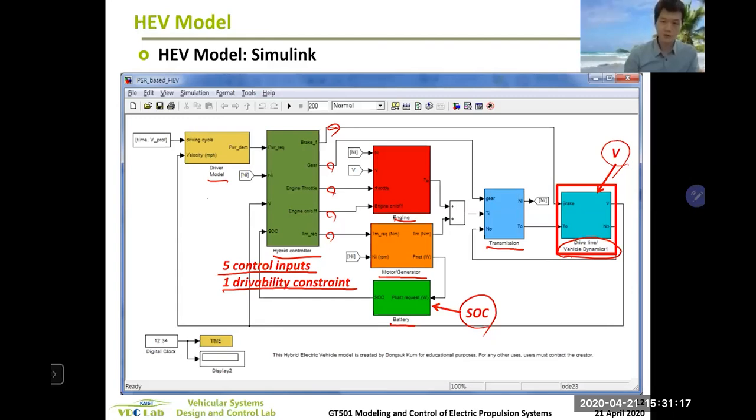I mean, it may be nonlinear, but they are algebraic equations. Okay. So there are only 2 independent dynamic states, which is vehicle speed and state of charge. But later on, we will find out this V will be constrained by the drive cycle.